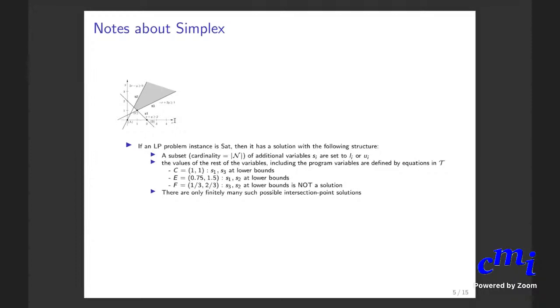So that's a solution in which only S1 is at its lower bound. Okay, so it's also possible that in some solution that simplex produces, only a single variable is set to its lower or upper bound.